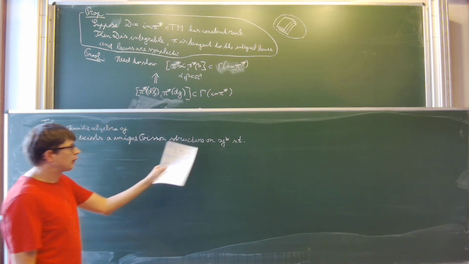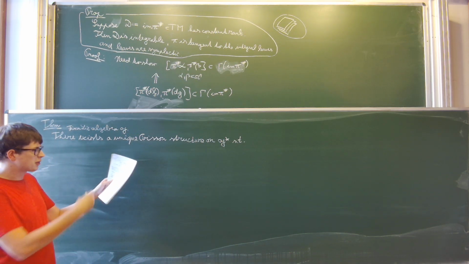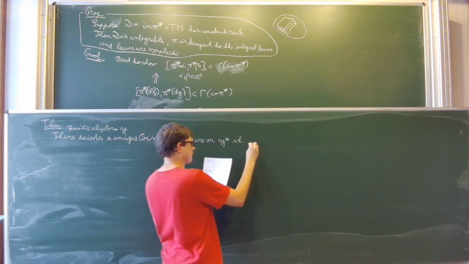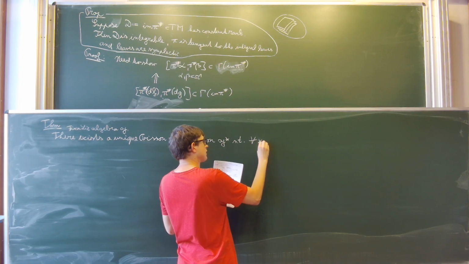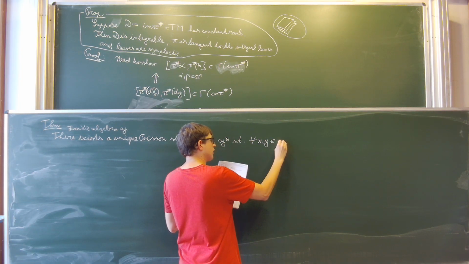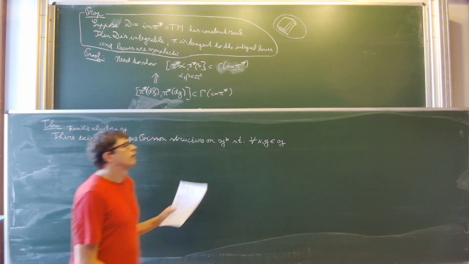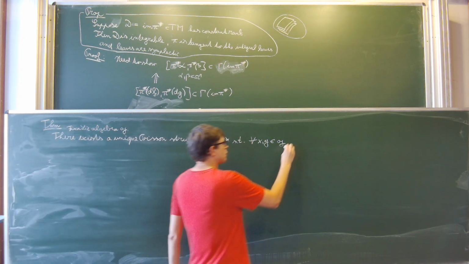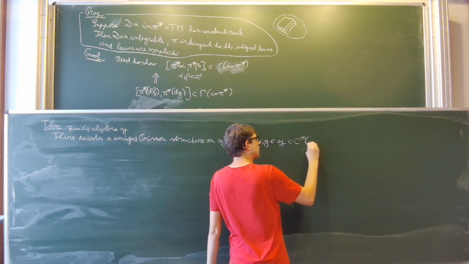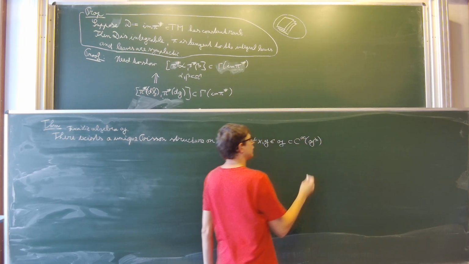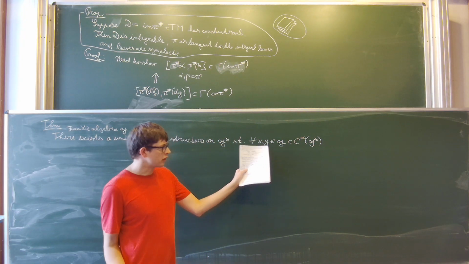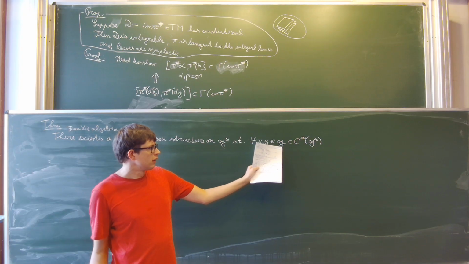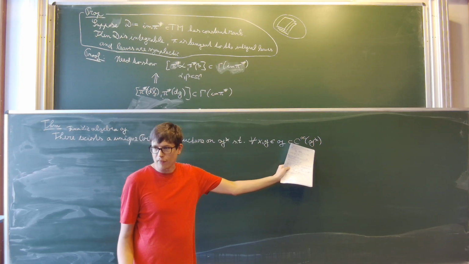I prescribe how the Poisson bracket looks on special functions, for any x and y in G. Elements of G can be regarded as a special class of functions on the dual, because G is the dual of G star: linear functions on the dual.